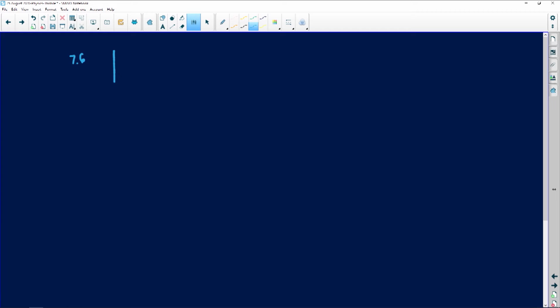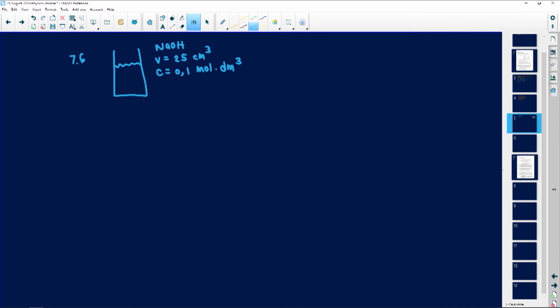We have a learner, and she's going to add NaOH in an Erlenmeyer flask. It has a volume of 25 cubic centimeters and a concentration of 0.1. Remember, concentration is mole per cubic decimeter. Let's continue reading.